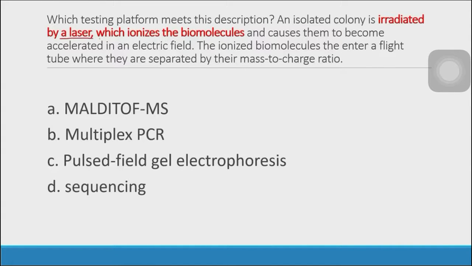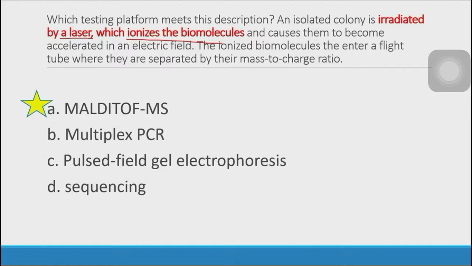Irradiated by a laser which ionizes the biomolecules. Okay, so for this question, the answer is letter A, of course, MALDI-TOF MS. So again, MALDI-TOF MS is something to do with laser, irradiation of laser and nagkakaroon ng ionization ng mga biomolecules. Okay, it's either proteins, depende kung ano yung subject or analyte of interest.